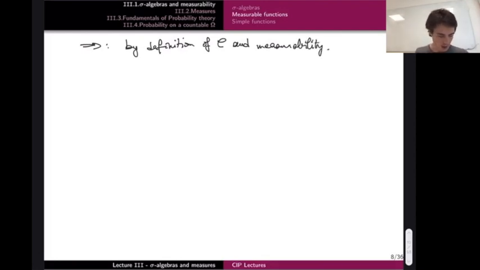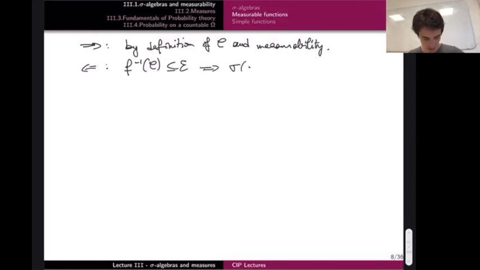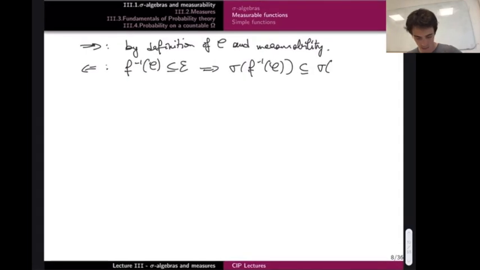Okay, and the converse implication will be a consequence of the transport lemma. What we assume is that f minus 1 of calligraphic C is included in calligraphic E, which implies that sigma of f minus 1 of C is included in sigma of E. So E is already a sigma algebra, so sigma of E is equal to E. And by the transport lemma, sigma of f minus 1 of C is f minus 1 of sigma of C. And sigma of C, what is sigma of C?